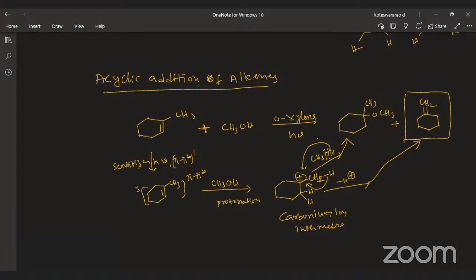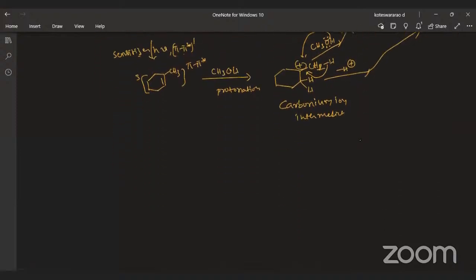The same reaction carried out in carboxylic acids: suppose one-methylcyclohexene is treated with acetic acid, with light and orthoxylene.